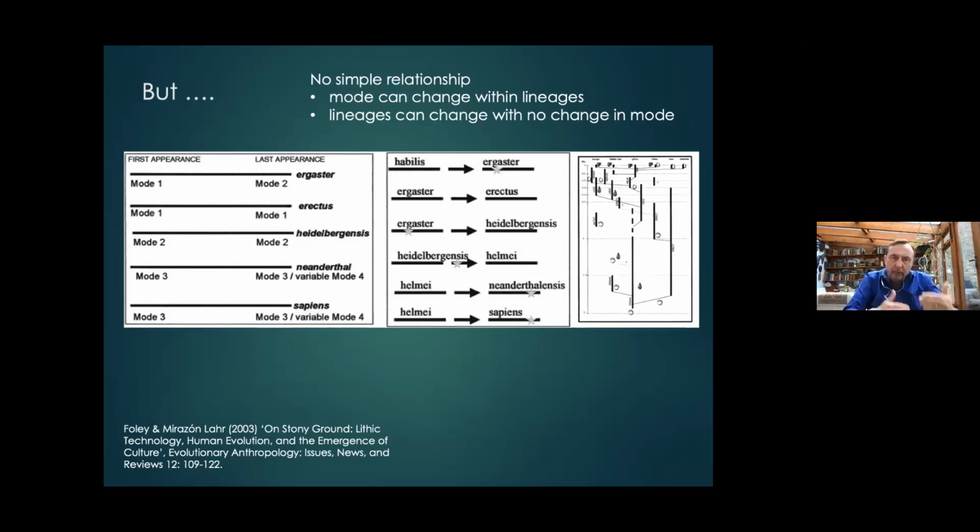I'm not going to go through those, the point being that different lineages have different technological histories, and where novelty appears varies. If you take the middle box, one looks at the transitions between different taxa, and in this model only really between Heidelbergensis and the later, some people call it late Heidelbergensis, what we called Homo helmei, is there a technological transition.